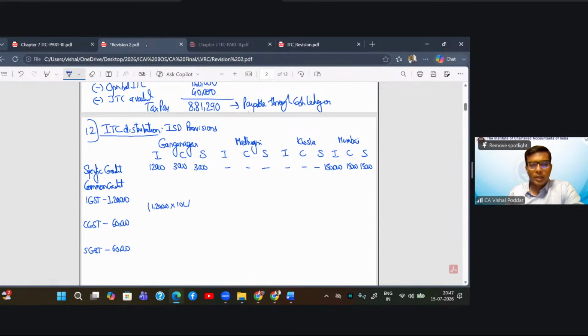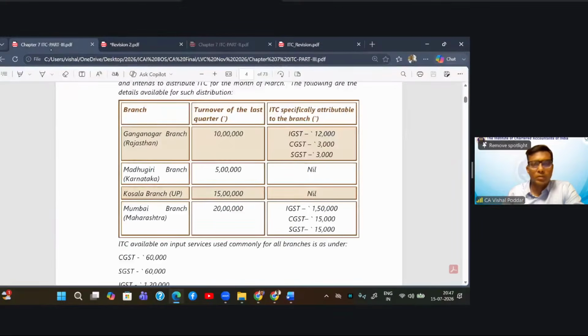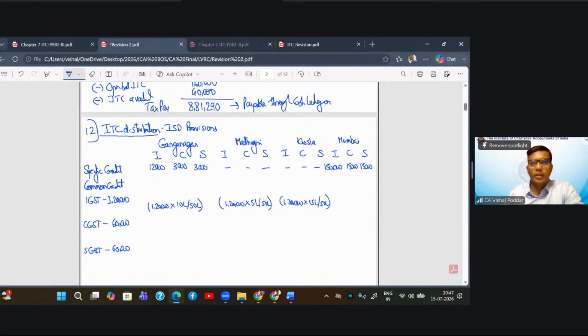So 120 into 10 lakhs upon 50 lakhs. Again the same 120 into 5 lakhs upon 50 lakhs. Again, 120 into 15 upon 50, and then 20.